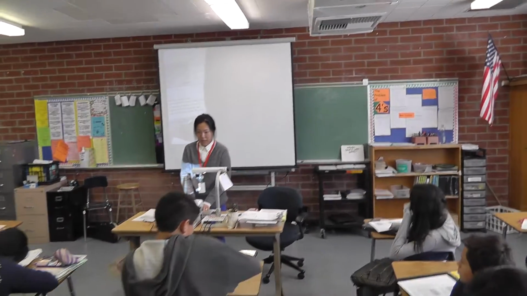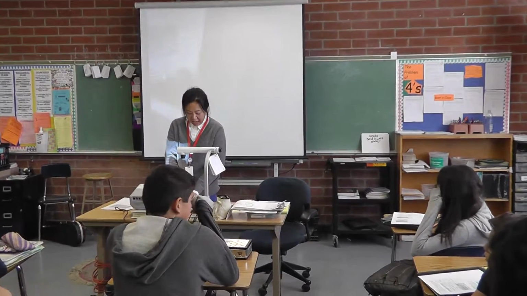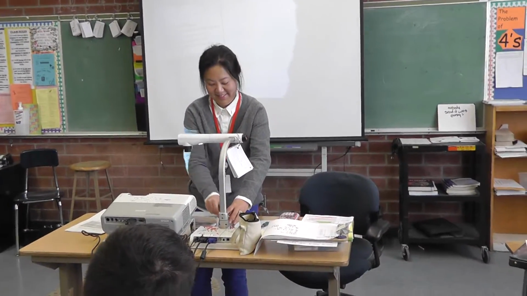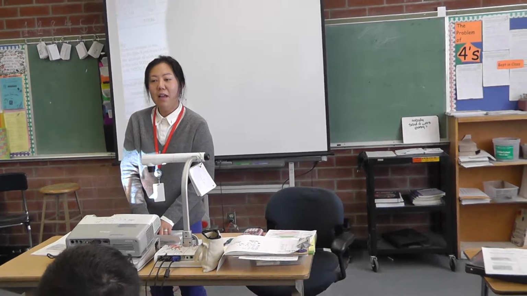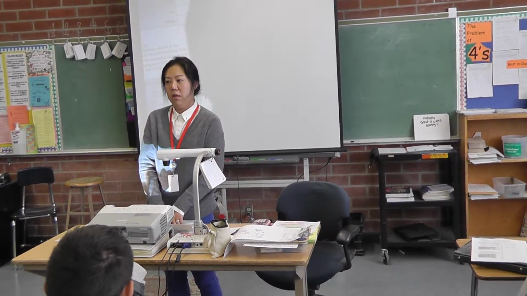Okay, class, I want to share this interesting idea once again. So Alex had some calculation and then he ended up with 4 decimal places at the end. But what is the situation we are talking about right now?